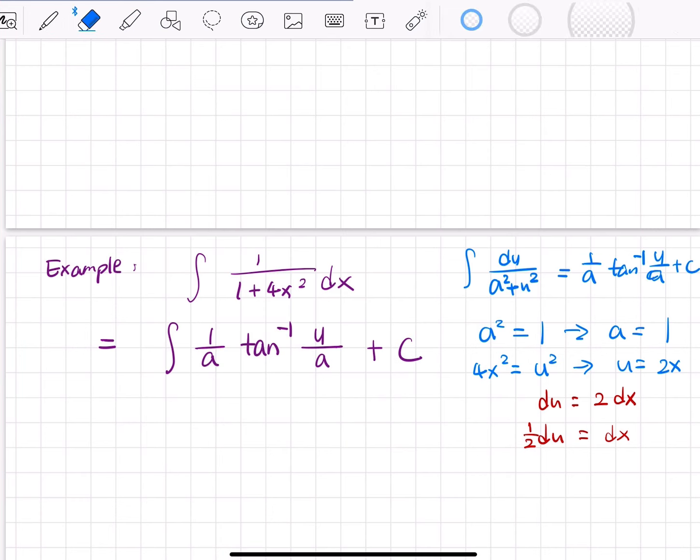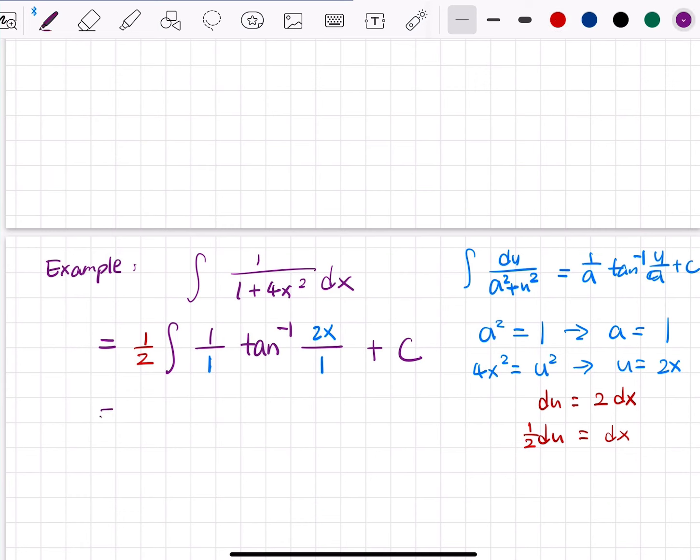Now a is going to be 1, u is going to be 2x, and the 1/2 we got from taking the derivative for du.